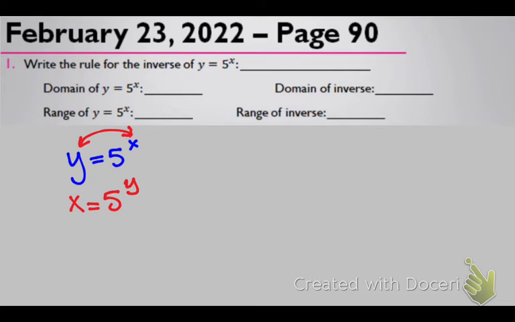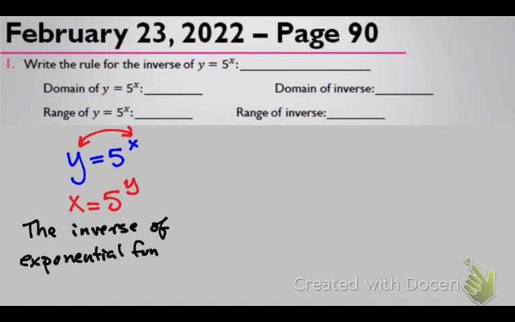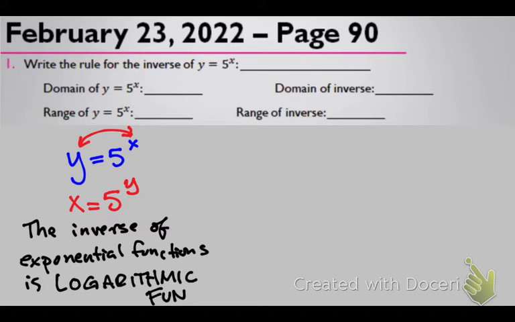So I'm going to make a note to myself that the inverse of exponential form is logarithmic form. I know the problem isn't asking that, but that's a good thing to remind myself.